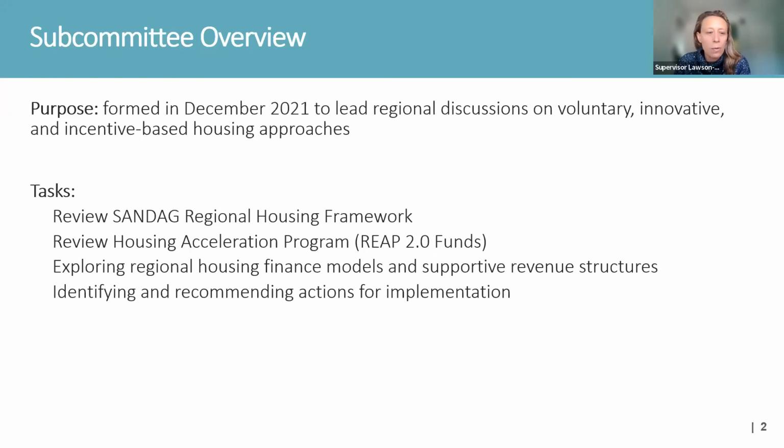So we are reviewing the SANDAG Regional Housing Framework, which is a report recognizing the intersection between our regional housing, transportation, and sustainability goals, and identifying broad strategies to advance equitable housing in our region. We're discussing our housing acceleration program. We're discussing and exploring regional housing finance models.